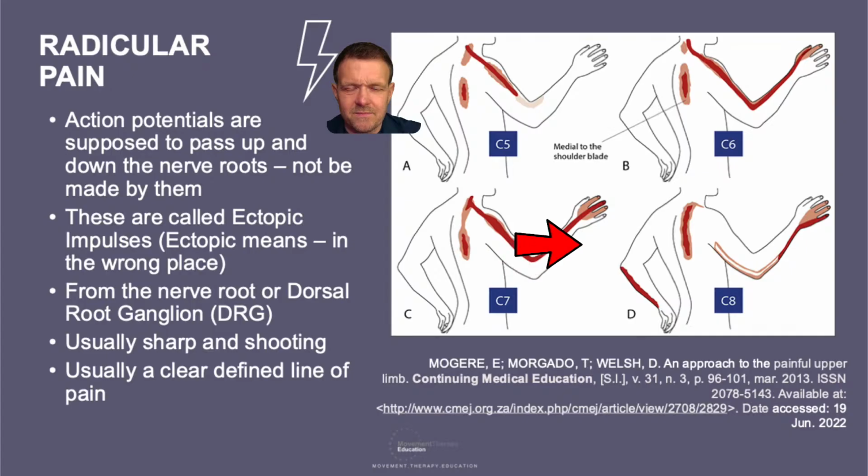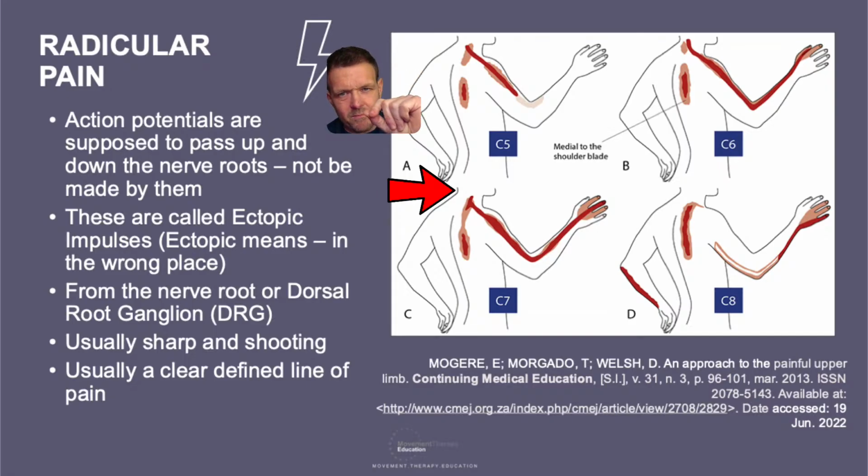So there's usually a clearly defined line of where the pain is going from, and it's usually from a specific nerve root, although there is a lot of crossover. Okay, this is again one of the problems with this. So a nerve root will be affected.